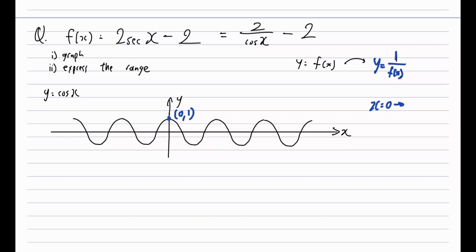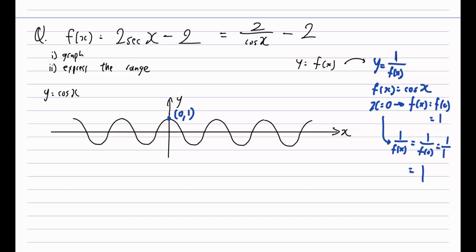At x equals 0, f of x will be f of 0, which happens to be a 1, if you let f of x equal cosine x. Then when x equals 0, what is 1 over f of x? It's 1 over f of 0, which is 1 over 1. You take the reciprocal, it's just 1, right?